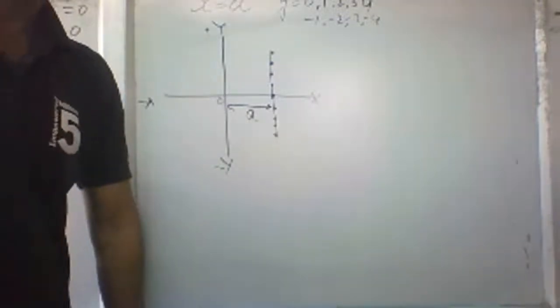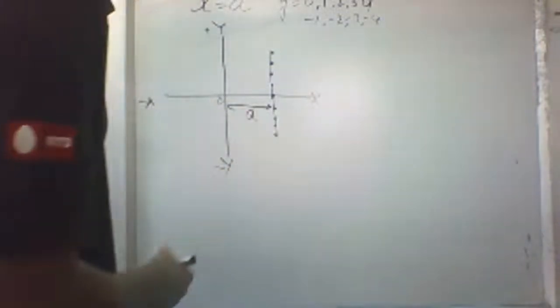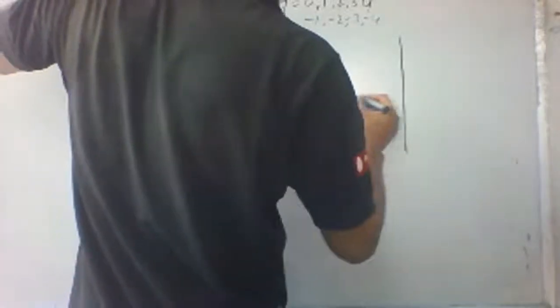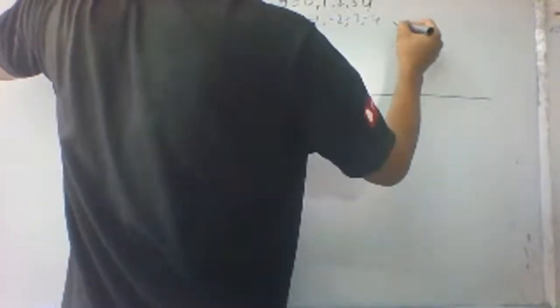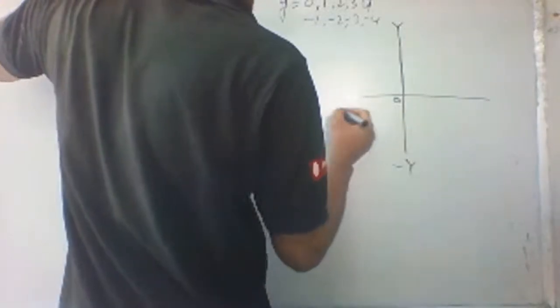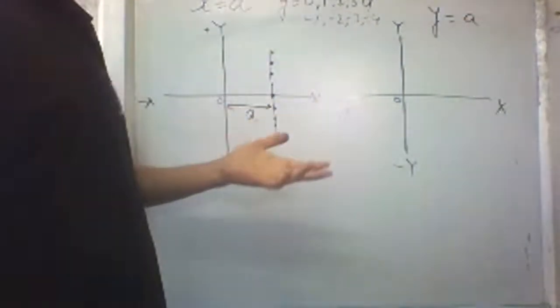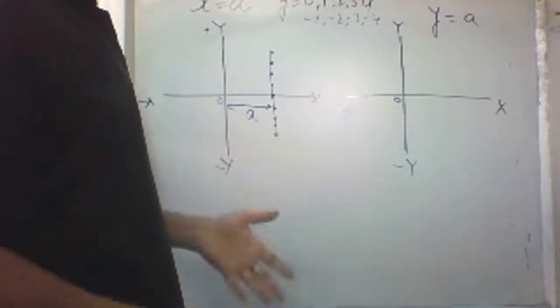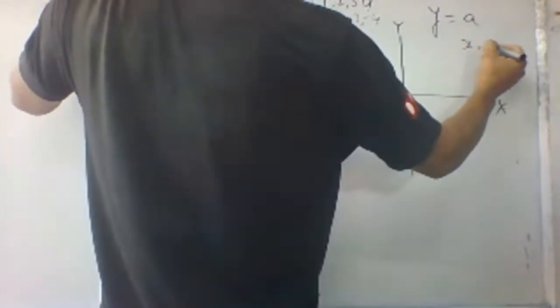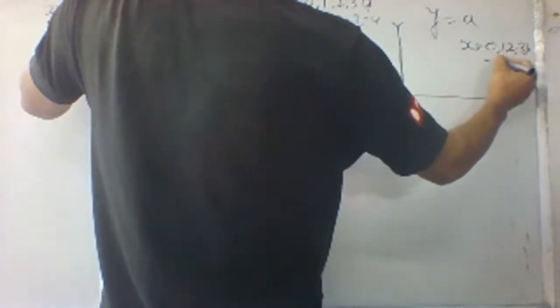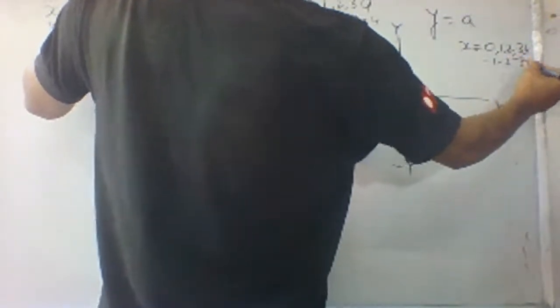Now what will happen if y is equal to a? This is 0, this is the y-axis, this is the negative y-axis, this is the x-axis, and this is the positive x-axis. What does it mean if y is equal to a? The graph y is equal to a means x can have any kind of value, including 0. So x may be 0, 1, 2, 3, 4, minus 1, minus 2, minus 3, minus 4.